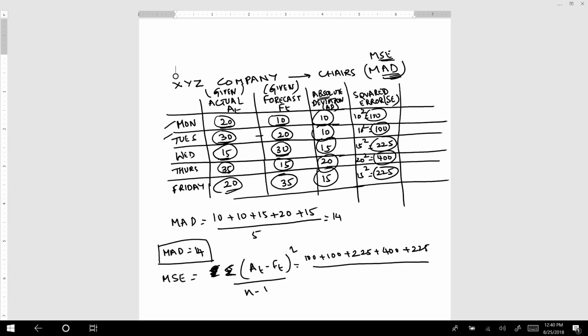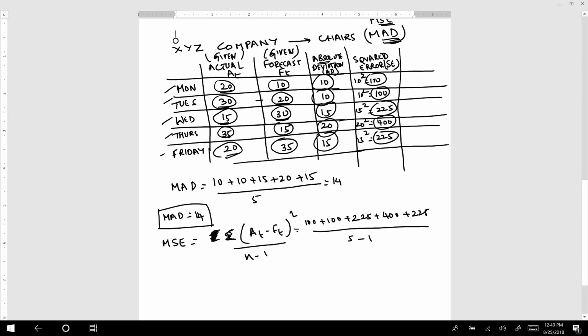So 1, 2, 3, 4, 5, 5 minus 1. So MSE is 1050 divided by 4, which is 262.4. So that's the MSE I'm going to get.